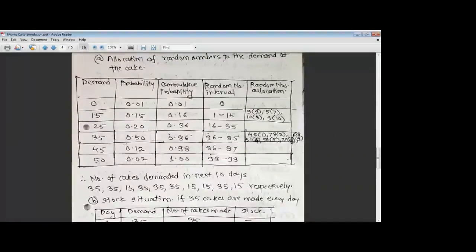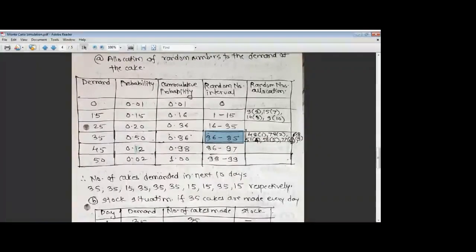Next, the probability we have been given is 50, so we employ 50 random numbers starting from 36, because till 35 we have already allocated the interval. So it is from 36 to 85. These are the 50 random numbers in the interval we have put here.